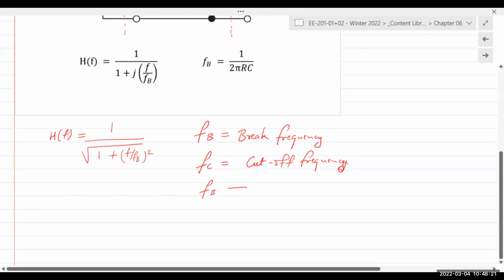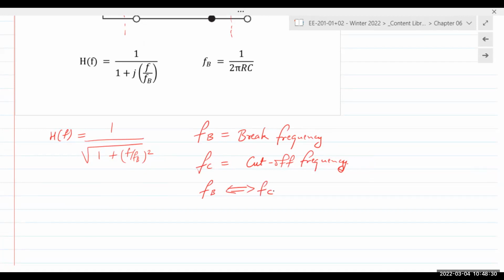FB and FC are the same. Some books and some authors like to use FB. Some books you will see FC. They mean exactly the same thing. What it does, it's indicating the transition point.